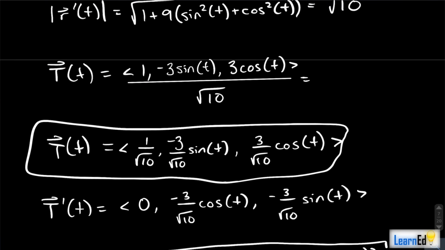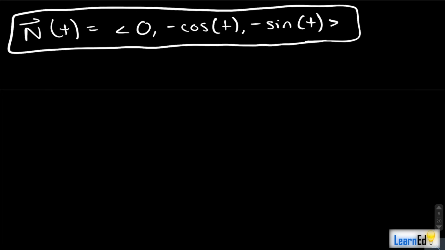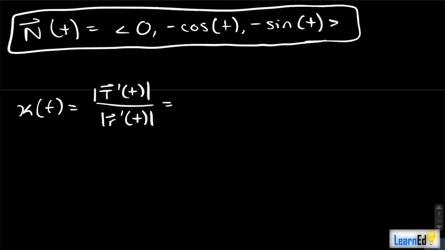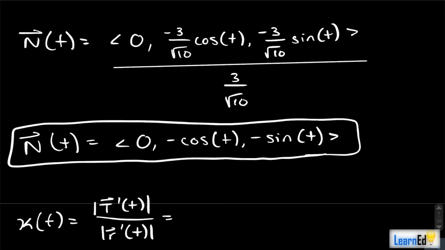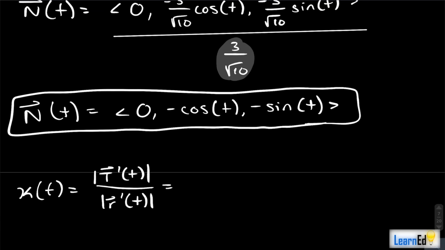Remember we're finding the curvature at t equals 2. Now, what was the magnitude of T prime of t? It was that 3 over rad 10, so we'll put that right over here.